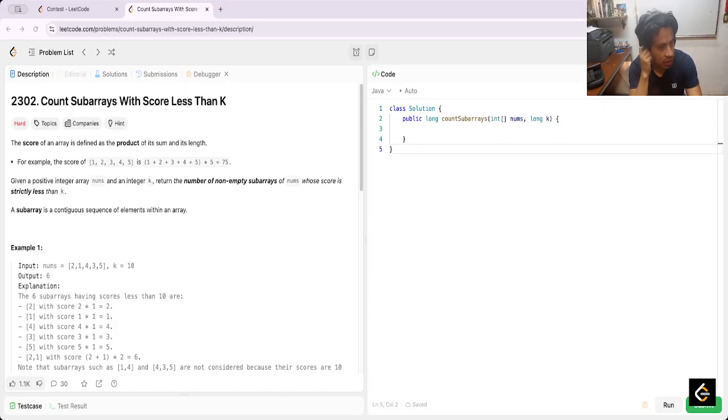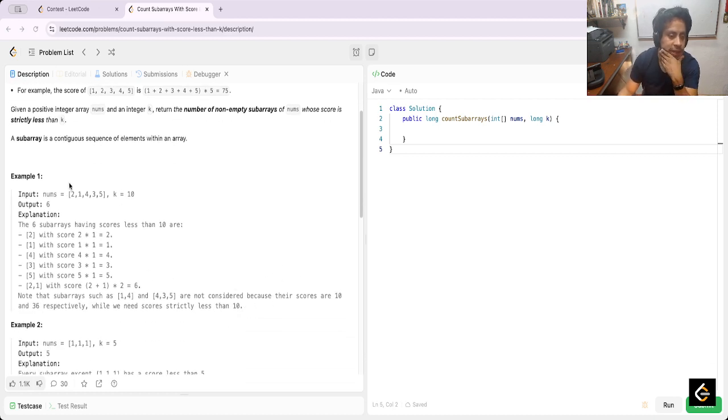A subarray is a contiguous sequence within the array. Now here we have this example, and for example the k is 10. We need to find the subarrays and apply the add operation over these elements.